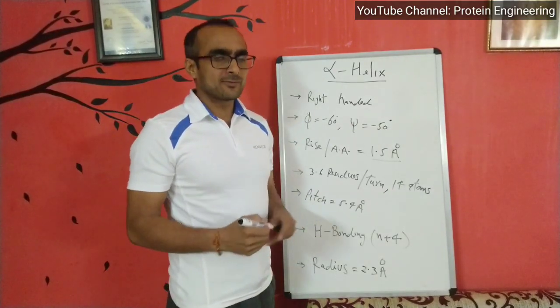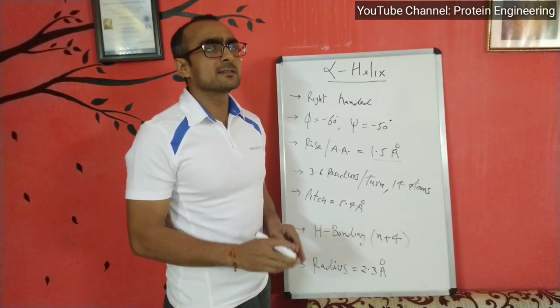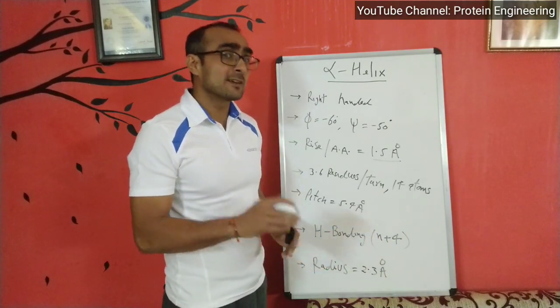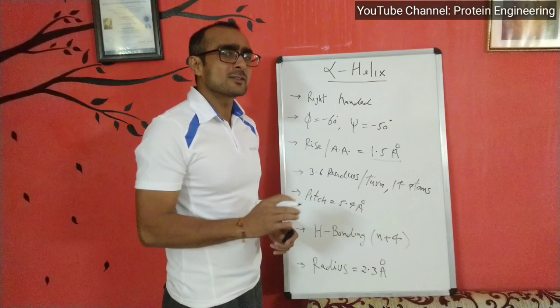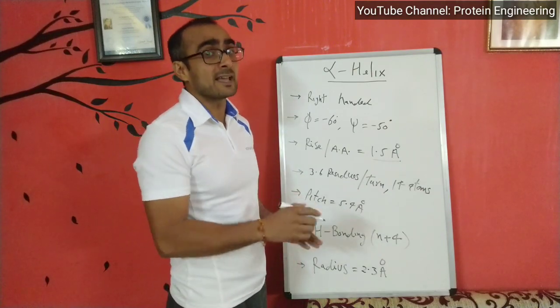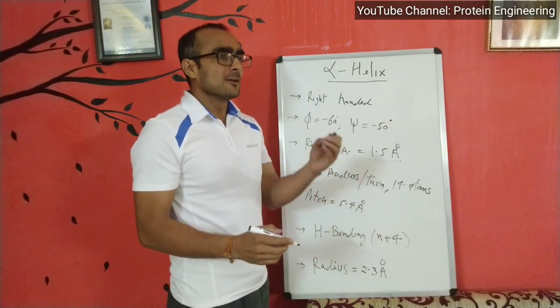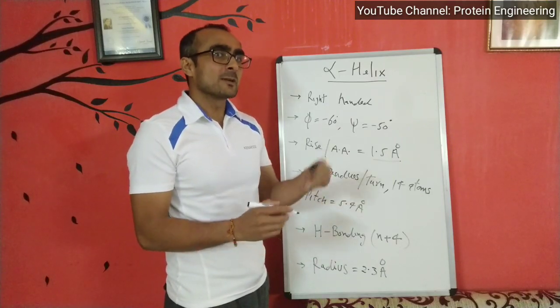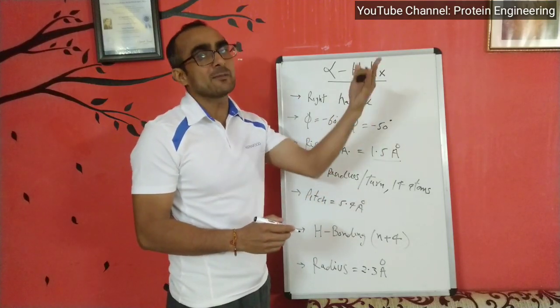Another very important property of the alpha helix is the hydrogen bonding pattern. All the secondary structural elements are stabilized by hydrogen bonds only. In case of the alpha helix, the hydrogen bonding pattern is N plus 4. It means the first amino acid will form a hydrogen bond with plus 4, the fifth amino acid.